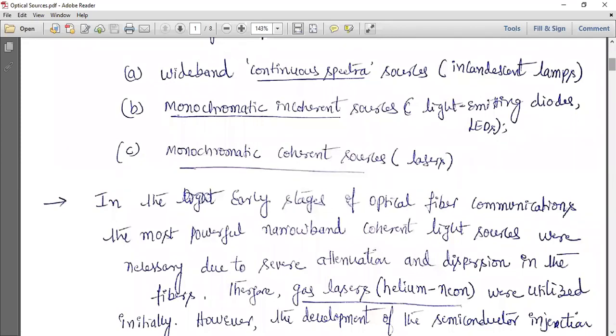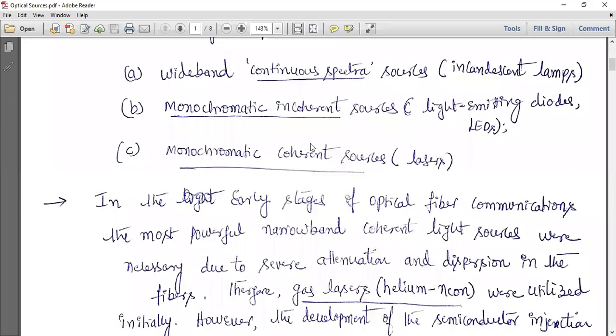In coherent sources, the wavelength as well as the phase of the photons generated from the source are the same. Then it is called a coherent source.